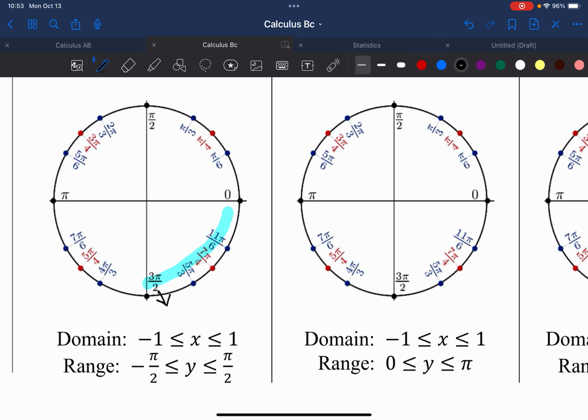So 3π/2 can be -π/2, 5π/3 could be -π/3, 7π/4 could be -π/4, and then 11π/6 can be written as -π/6.